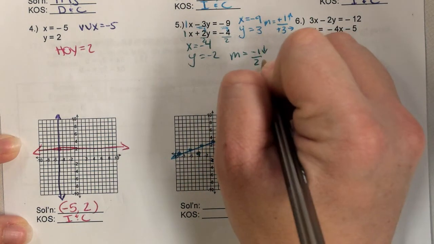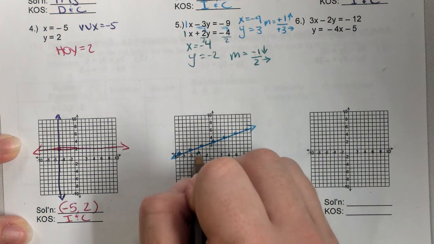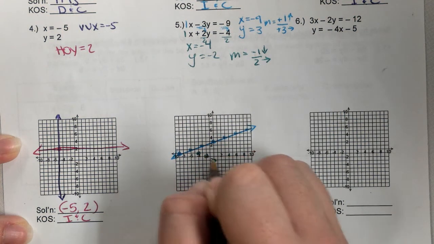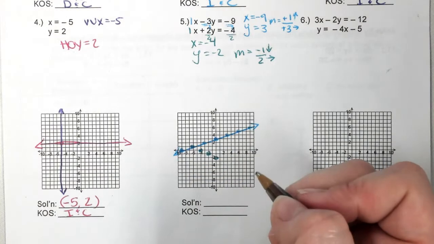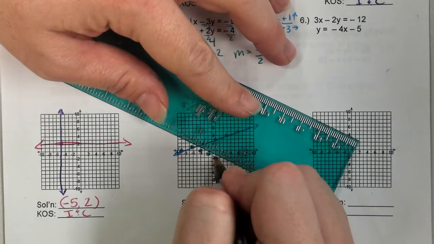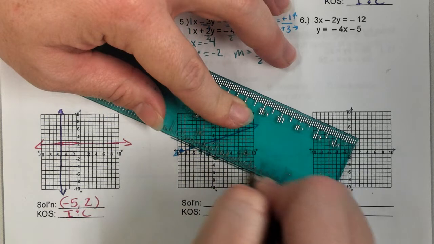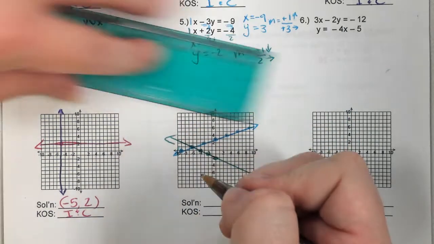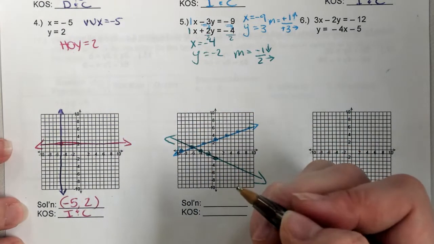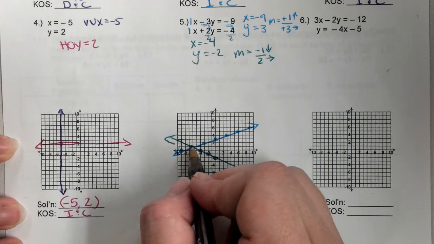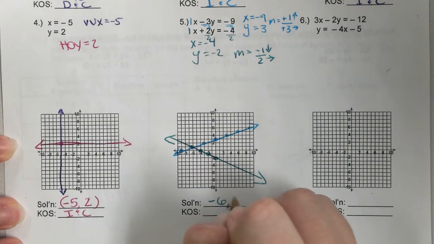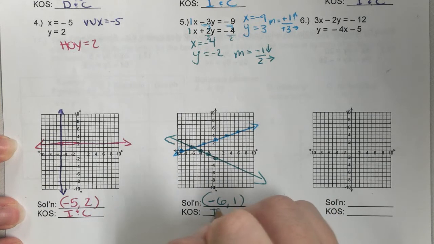So I'm going to go down 1, right 2, which did bring me to my next point. I can also go up 1, left 2, which is where I find my solution. So I have -6, 1. So it's independent and consistent.